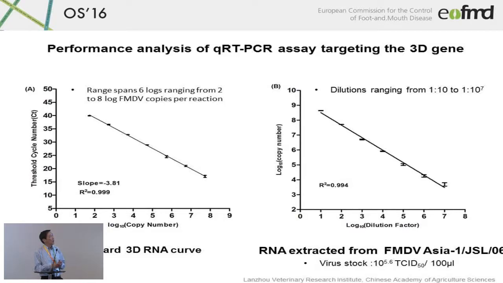Again, for each dilution we used 3 different tests, and then we repeated them a few times on different days to make sure the reproducibility is good enough for us to do the further validation. So again, from here you can see the test is good, and we're happy with its performance.